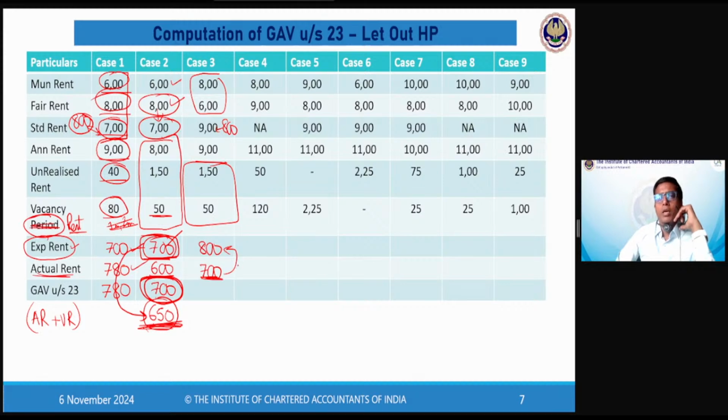Now I will check: had there been no vacancy, what would have been the scenario? The scenario would have been 750. That is AR plus vacancy rent. It is still smaller than ER. It means ER is still greater. It means ER is not impacted by vacancy rent. So my GAV is ER.